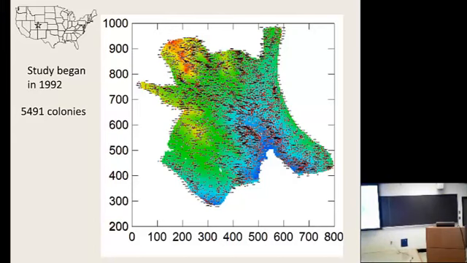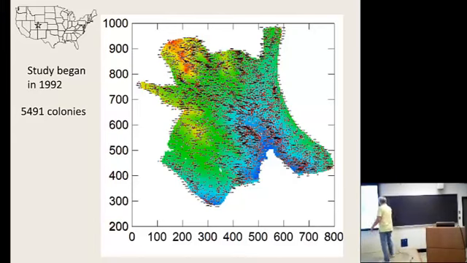It is the sort of adobe badlands, if that means anything to people who have driven through that part of the world. We began this study in 1992, so we're now about 23 years into the study of this population.